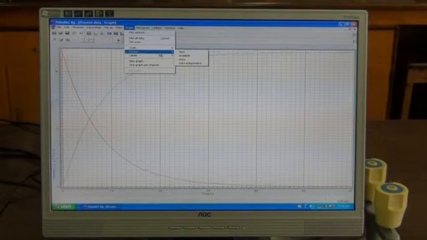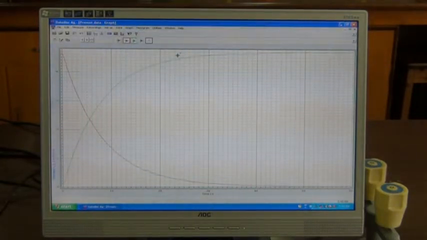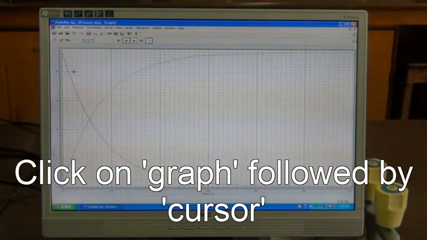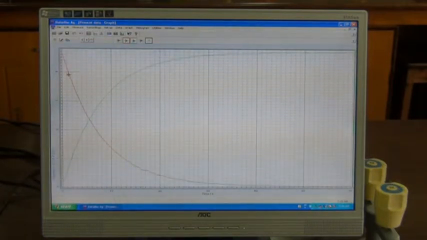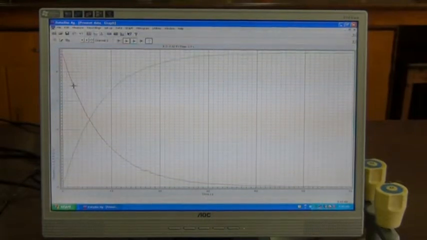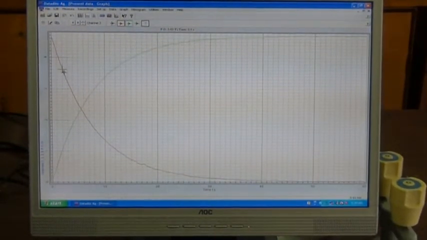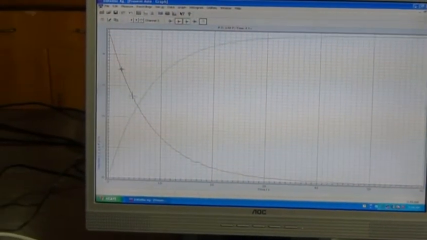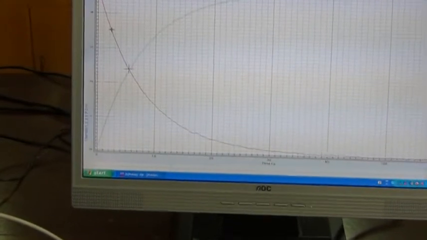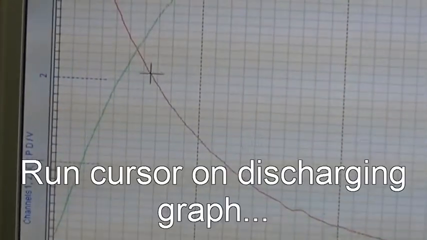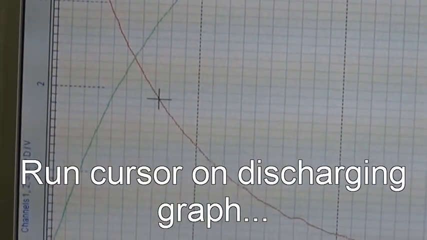We will now use the graph in order to read values from the curves by choosing Graph and Cursor on the menus. The cursor changes into a cross. We will then place it on the graph, and we can run the cursor on the graph so we can see the coordinates.